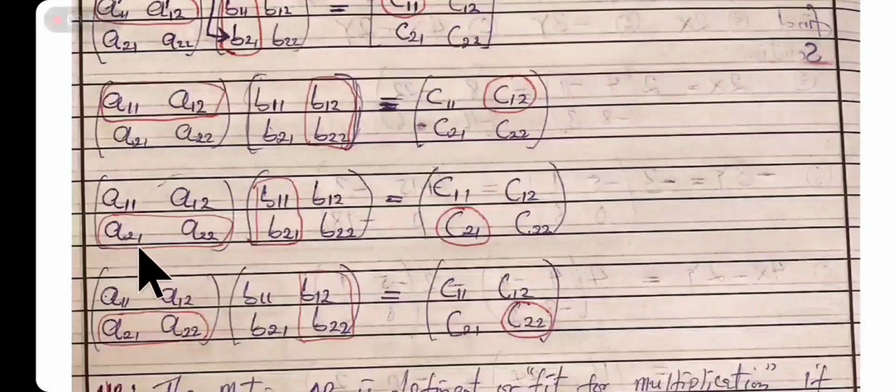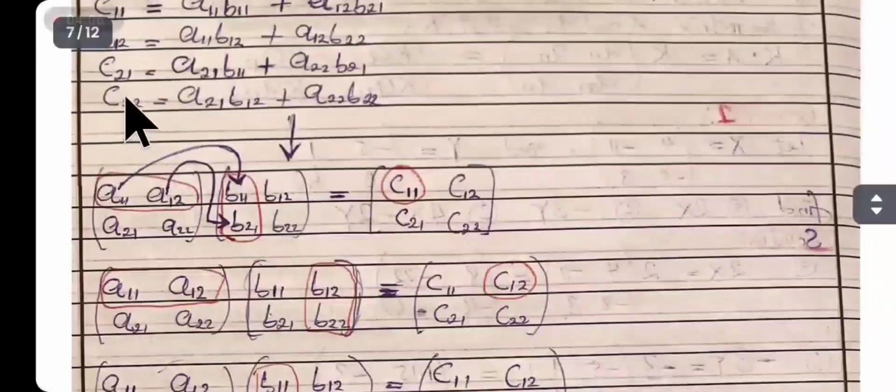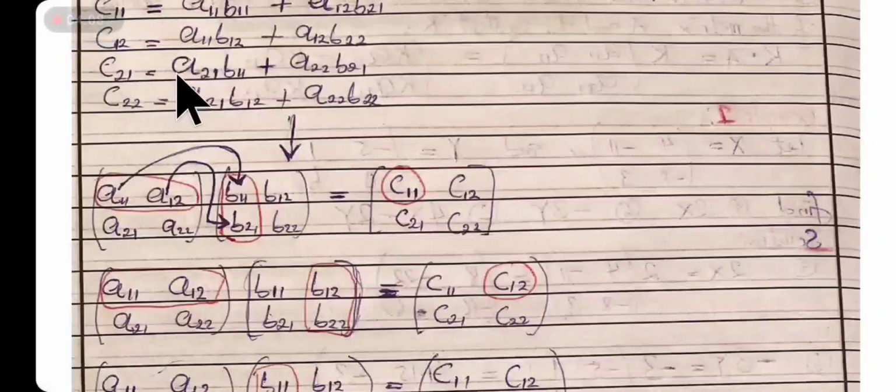So it's going to be A21 times B11 plus A22 times B21. So to get this C21: A21 times B11 plus A22 times B21.